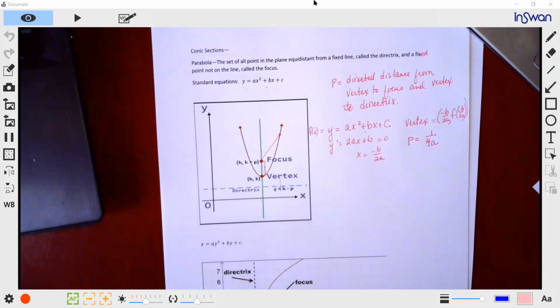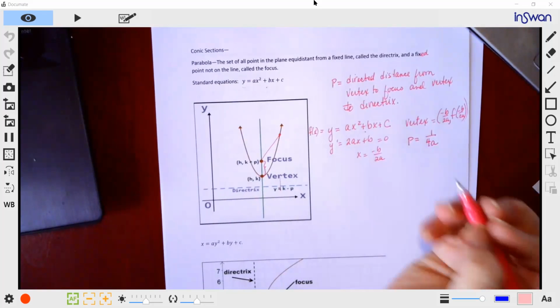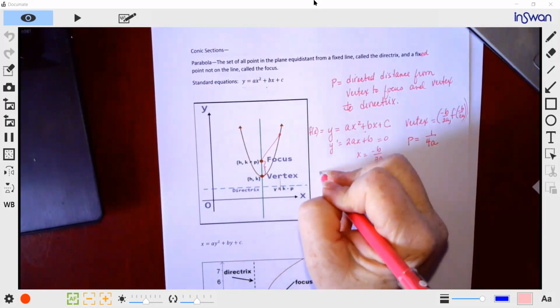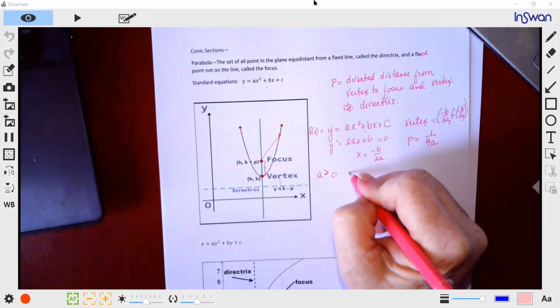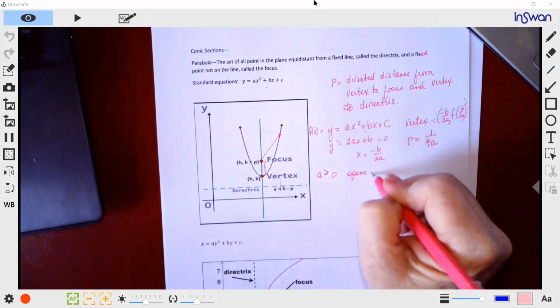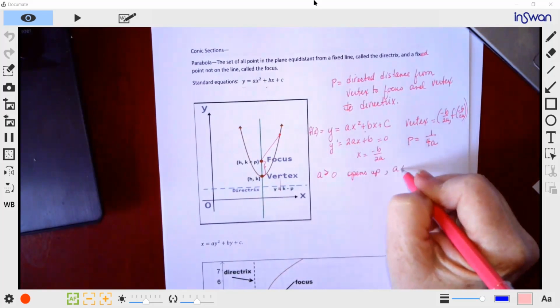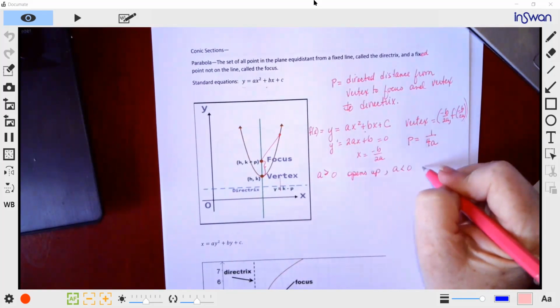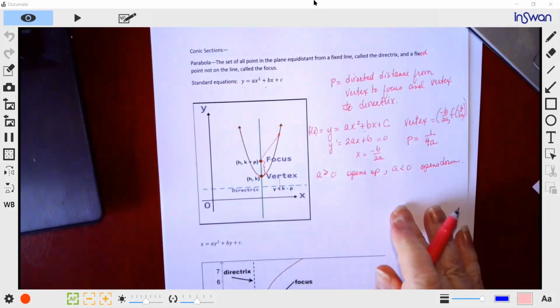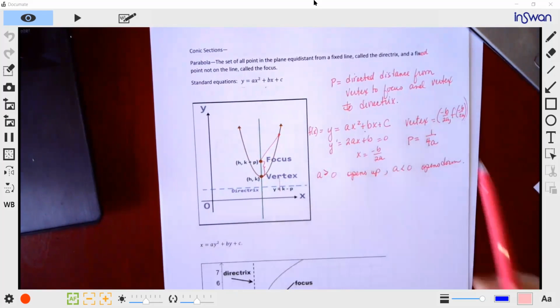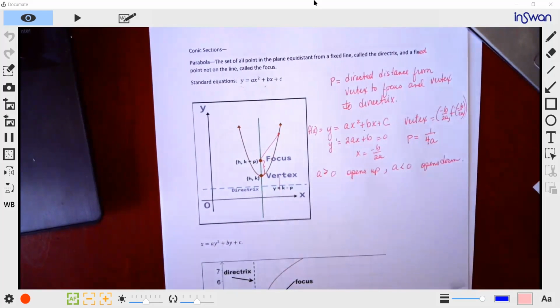Now, from our college algebra or Cal 1 or pre-Cal, we know that if a is bigger than 0, our parabola opens up. If a is less than 0, our parabola opens down. So these are things that you have done before, all except for the focus and the directrix. As far as finding the vertex, we're good to go, same way you always did.